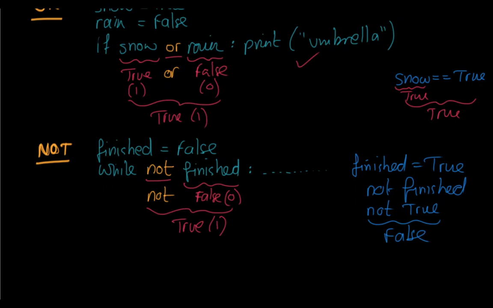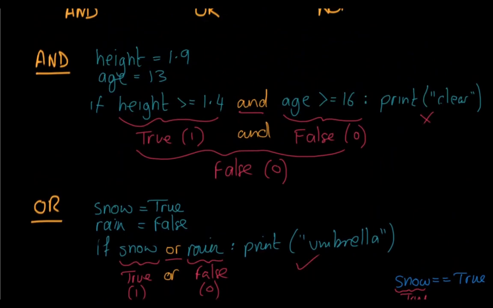So there are applications. You can chain these together as well, so you can have ands and ors and nots and so on and so forth. But you've got to be quite careful that you force Python to perform these in the right order, because as we'll see in the next video on logic gates, which is about more practical applications of logic gates, they have a precedence, just like mathematical operators do.